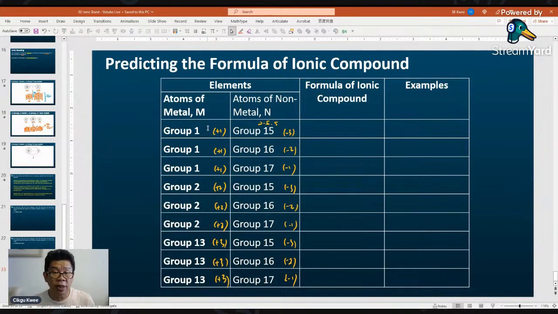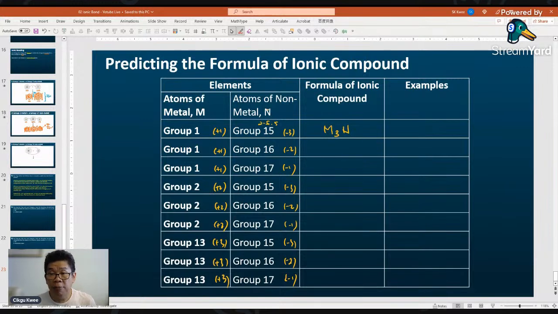For example, group 1 is +1 and group 15 is -3, which means we need 3 metal M ions to balance the -3 charge. So we write M subscript 3, and 1 ion of N, so we write N. This is the formula.